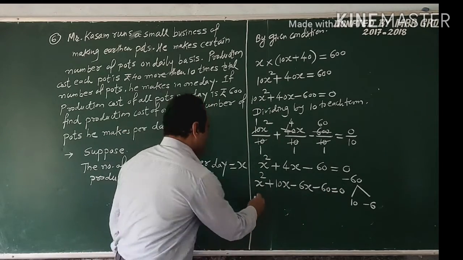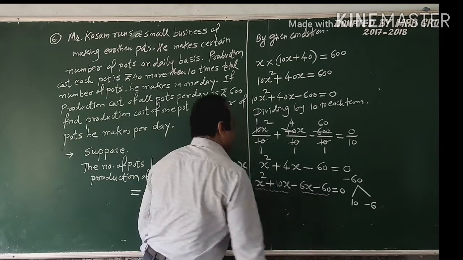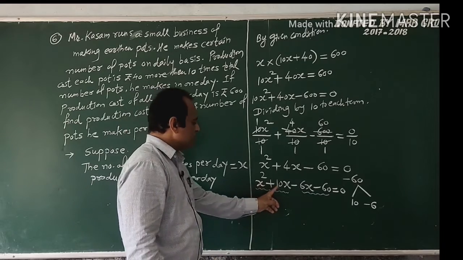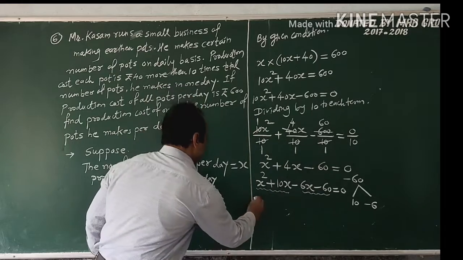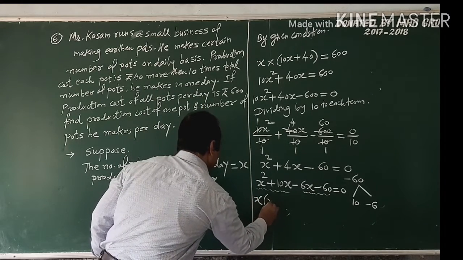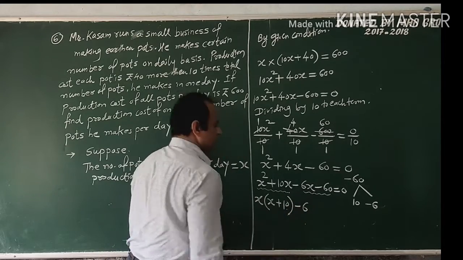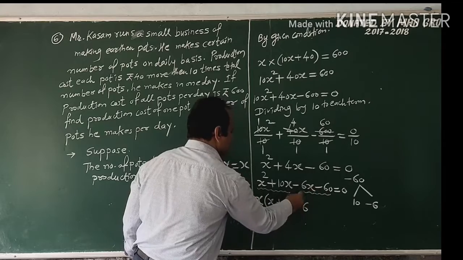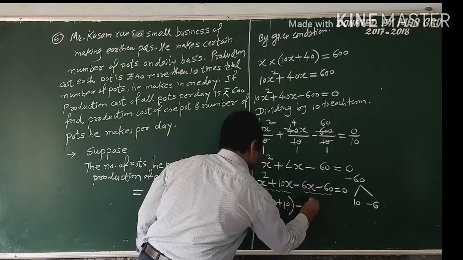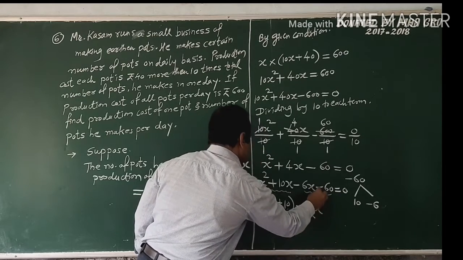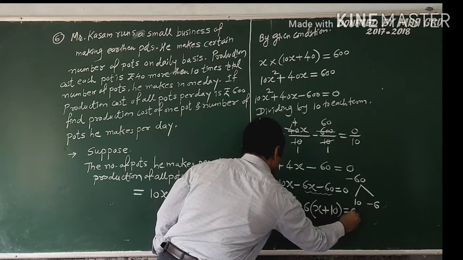Now as usual we are going to find the common number between the first term and second term, and between the third term and fourth term. So here x is common, remaining x plus 10. Here minus 6 is common, because 6 tens are 60, so x is common, and what remains here is x, and here plus 10 comes, equal to 0.